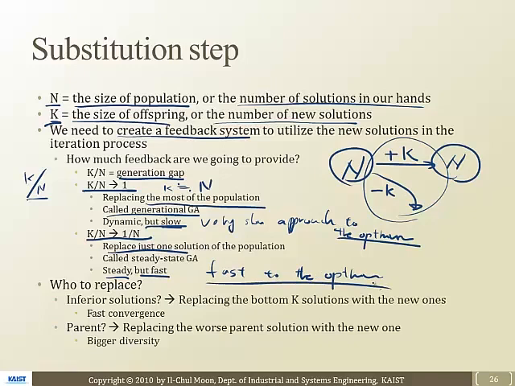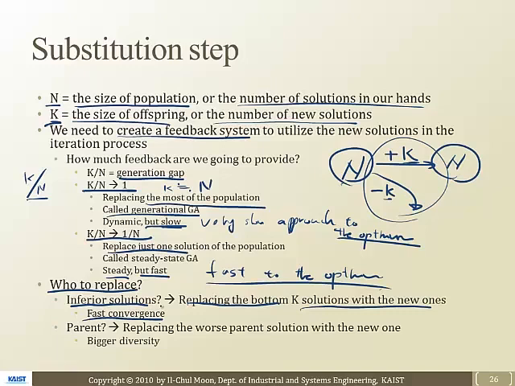So that's how to choose K out of N. And here, deciding K is now done. Who to replace? How to fix K to be removed from the N solutions? Just removing inferior solutions, replacing the bottom K solutions with the new ones?